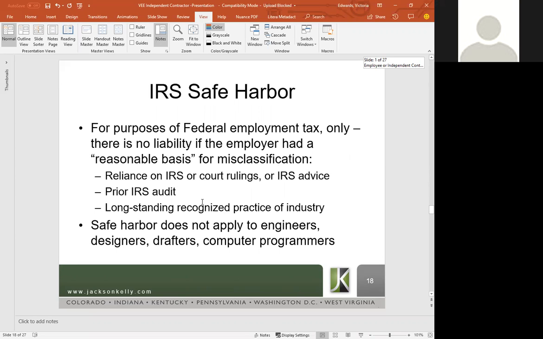So just briefly, there are safe harbors that could apply. There's analyses that are done for that to see if you fall outside a breach of these rules. And just to note, the safe harbor does not apply to engineers, designers, drafters, computer programmers, specialty areas.